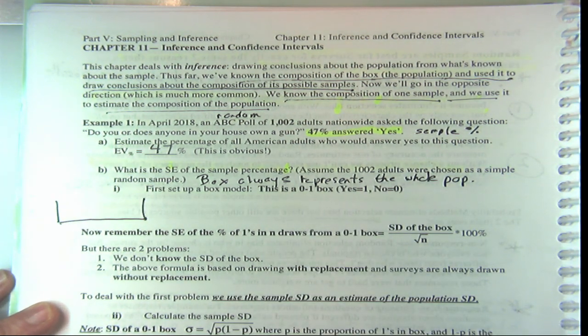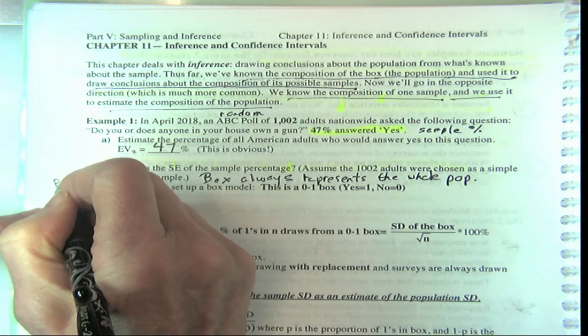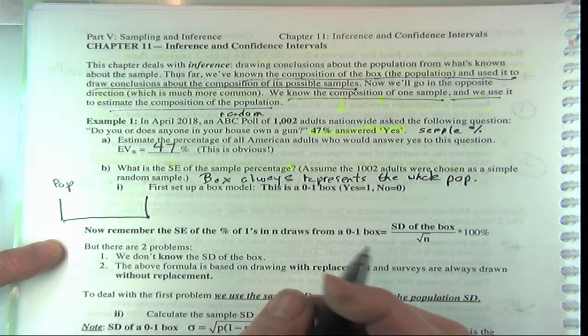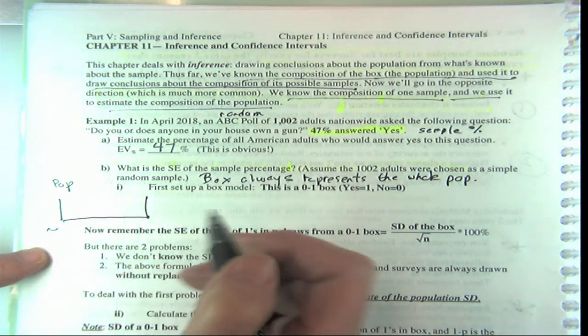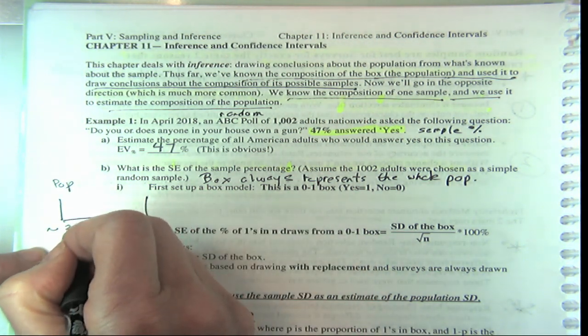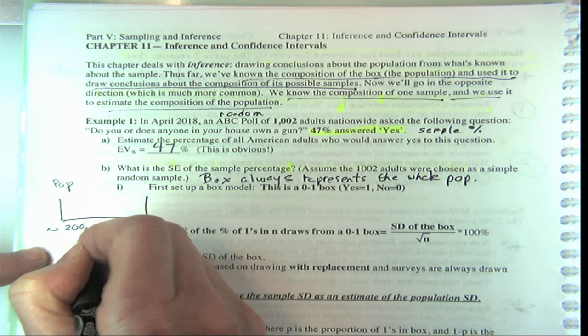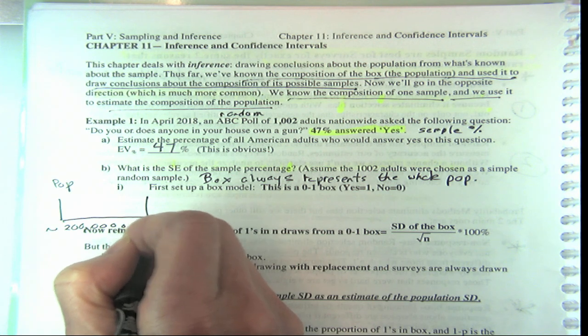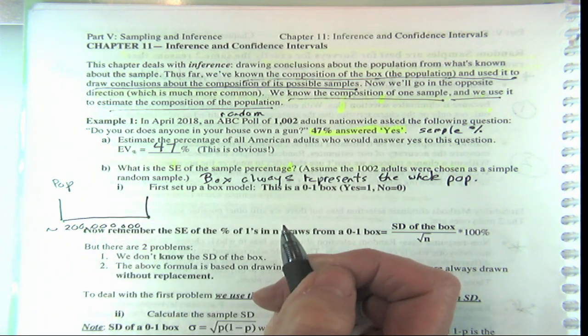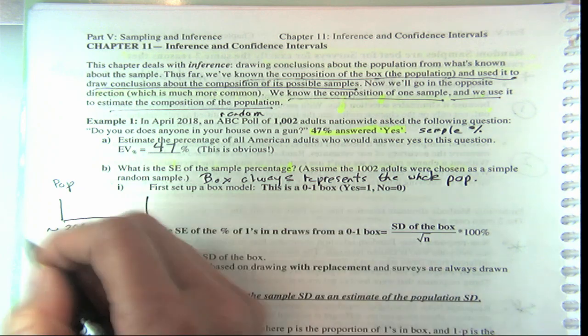So in this case, we're interested in all US adults, so that's approximately 200 million tickets.